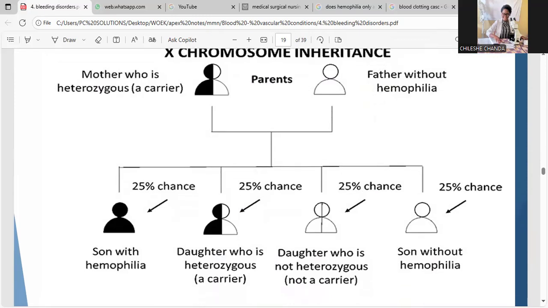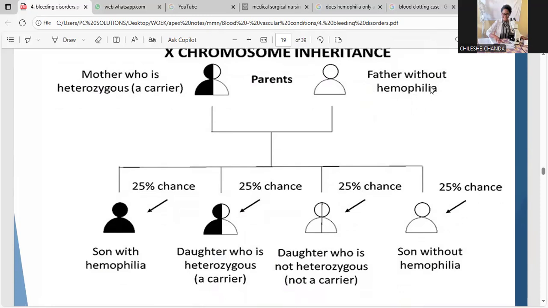First of all, we said that hemophilia is X-linked. Now remember, a woman has two X chromosomes, and a man has one X chromosome and one Y chromosome.